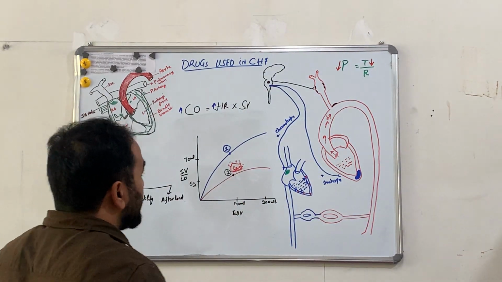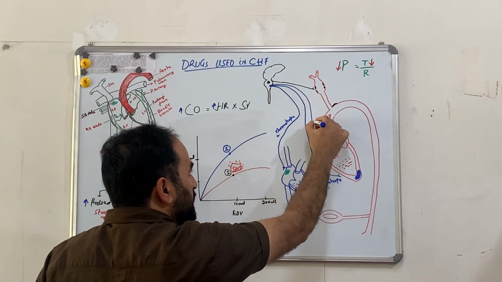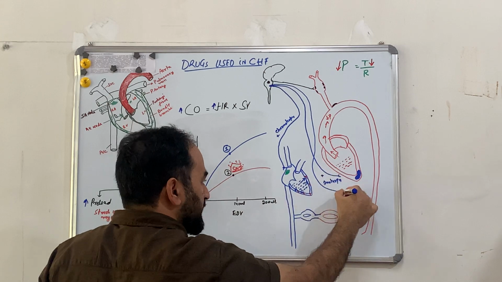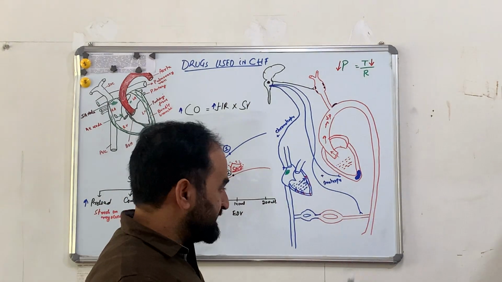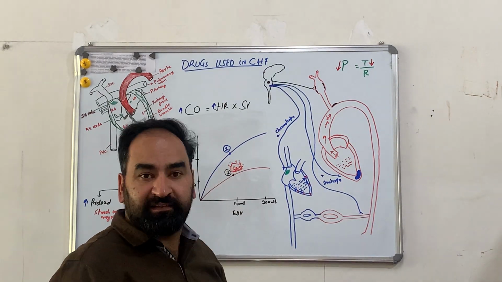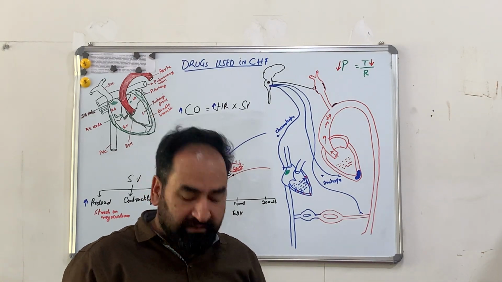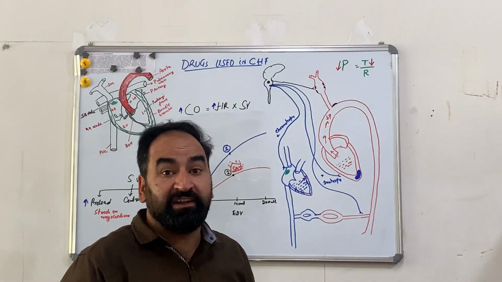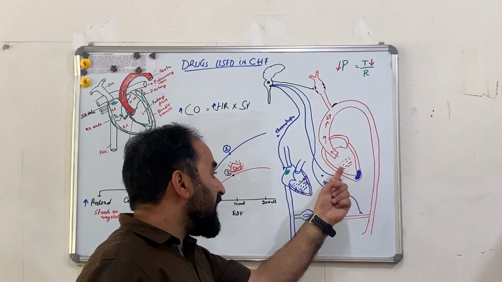There are some branches of the sympathetic nervous system which go to your arterial side. There, receptors are waiting, and that causes arterial constriction. You know what arterial constriction does? It increases the resistance.